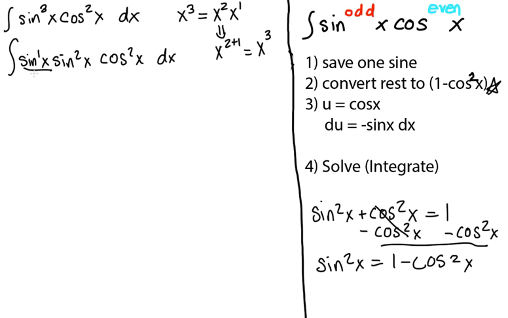Okay, so that's where sine to the first x times sine squared x is the same thing as saying sine to the 1 plus 2 x, which is just sine to the third x. So I'm basically rewriting the sine to the third x into this form. So that's what I mean by save one sine.